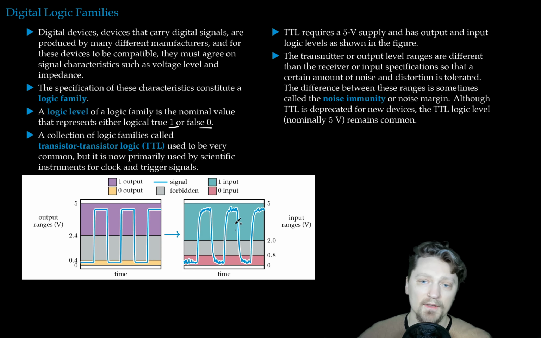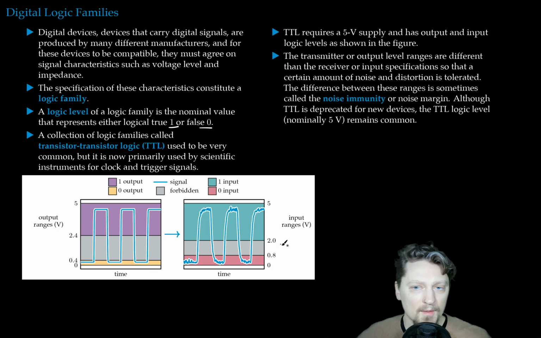These larger ranges on the input side are there to allow for some distortion and noise in the signal that was transmitted. This difference between these ranges is sometimes called noise immunity or noise margin. Although TTL is deprecated for new devices, the TTL logic level, nominally 5 volts, remains common, so you'll still see that.